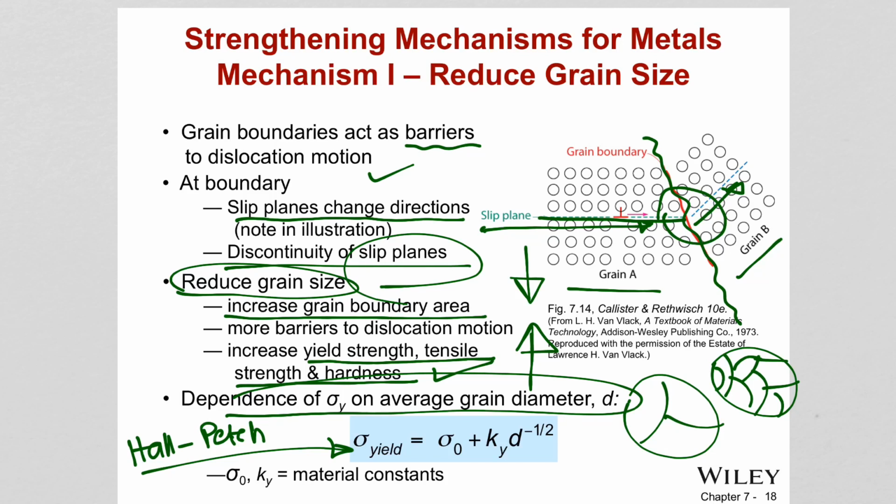In that equation, we are seeing how the yield strength depends on the grain diameter. It has some constants depending on what type of material you have.